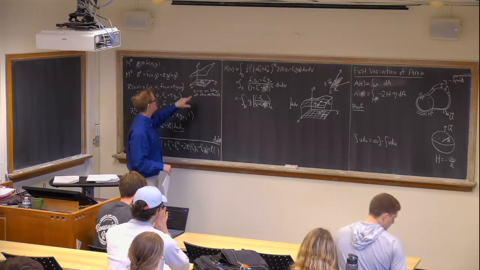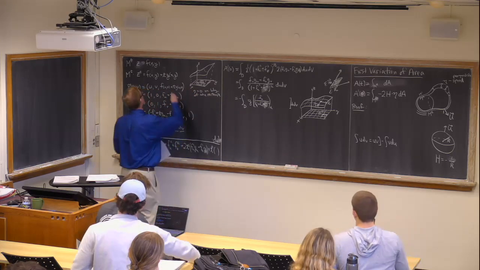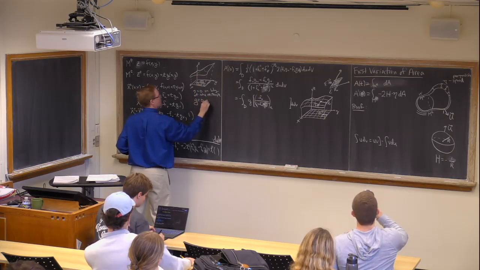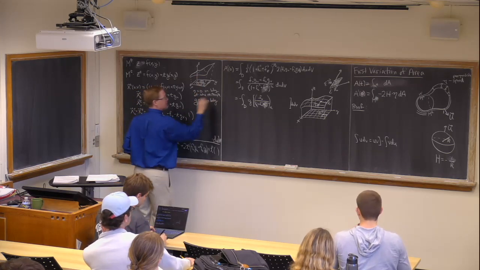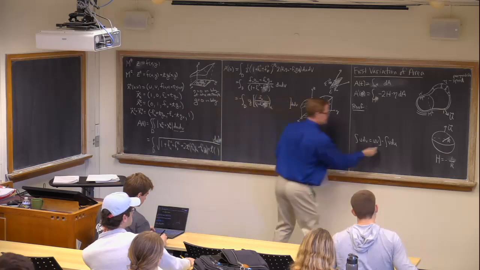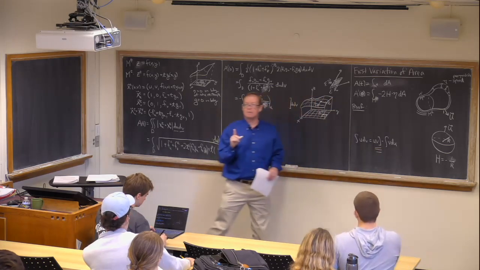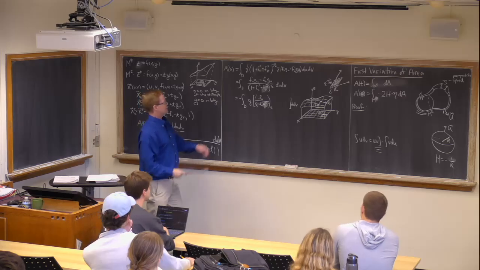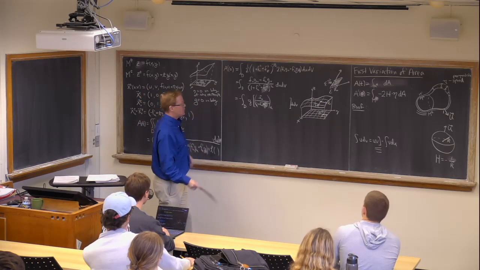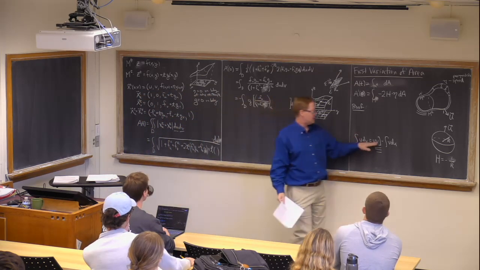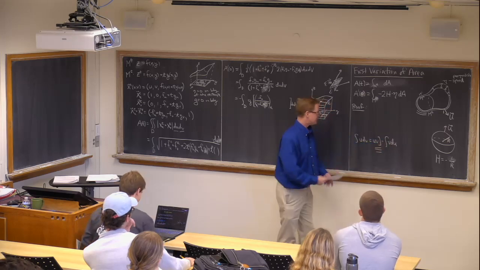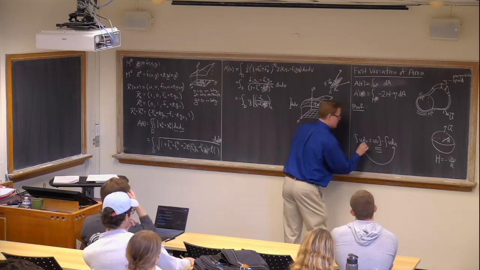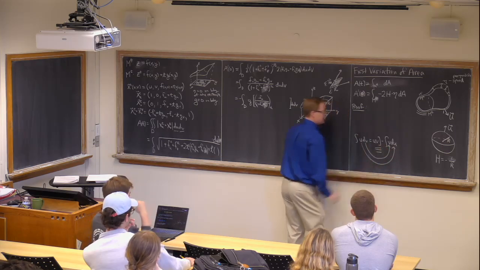So I said eta is 0 on the boundary. In particular, I want g to be equal to 0 on the boundary. That's actually kind of critical because when we integrate by parts, we get this boundary term, and I'm saying I want that to be 0. The reason it's 0 is when we write the integral of u dv equals the integral of v du, we're taking the derivative of the u, but we're sort of taking the antiderivative of the dv.